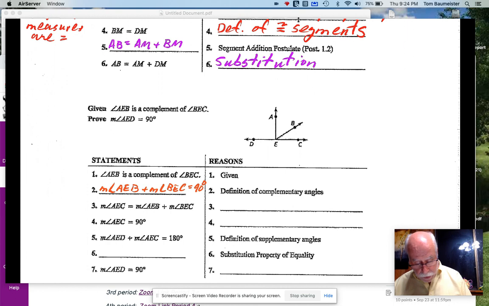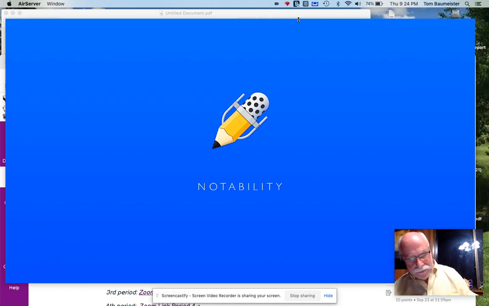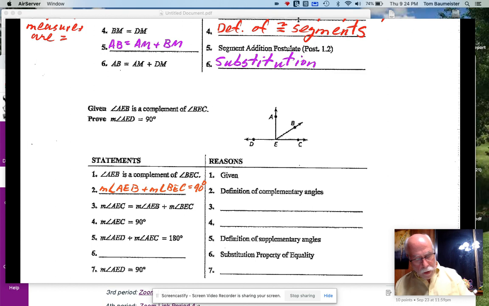So here's a little hint for you. Whenever they tell us something is or are, most usually the reason for the next statement is by definition. So they told us it is a complement, and we can state that it equals 90 degrees by definition of complementary angles.